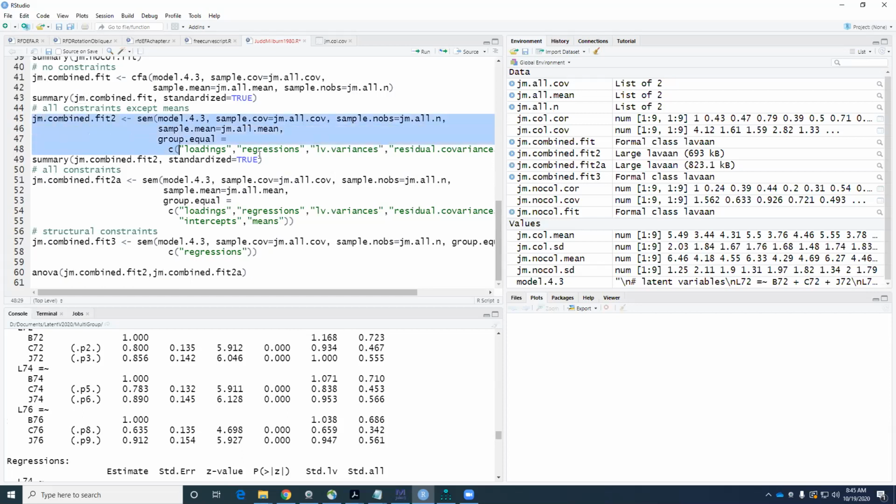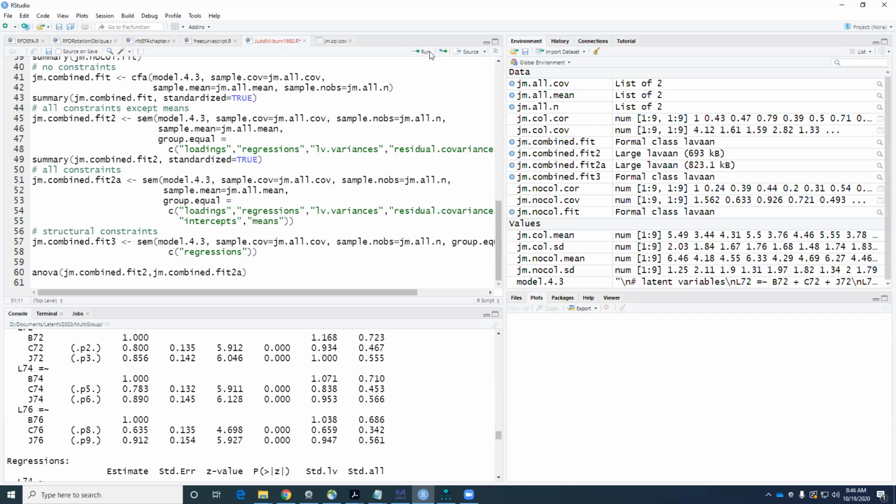If you go out to the website and take a look at the book, this is the code they give you. If you want to put the mean in the model, we're also going to say that the intercepts and the means that are present in the data are the same.